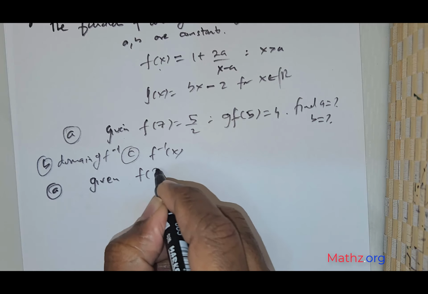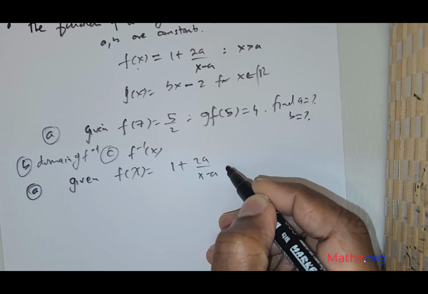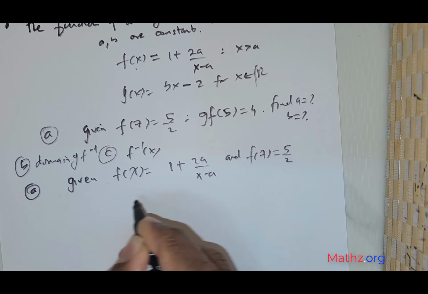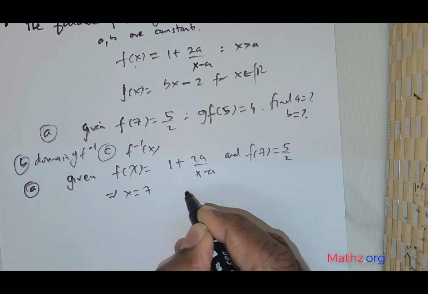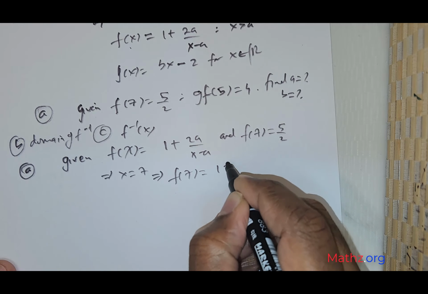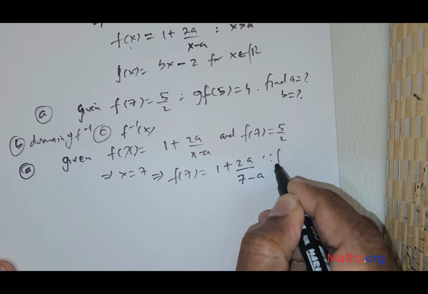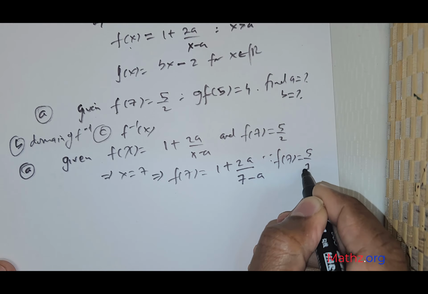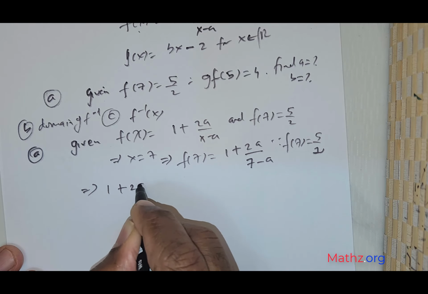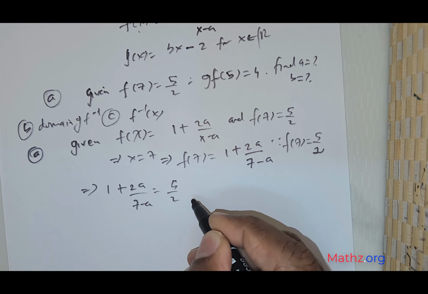Given is f of x is 1 + 2a over x - a, and f of 7 is equal to 5 over 2. So x is equal to 7, which means f of 7 is equal to 1 + 2a over 7 - a. Since f of 7 is 5 over 2, 1 + 2a over 7 - a is equal to 5 over 2.